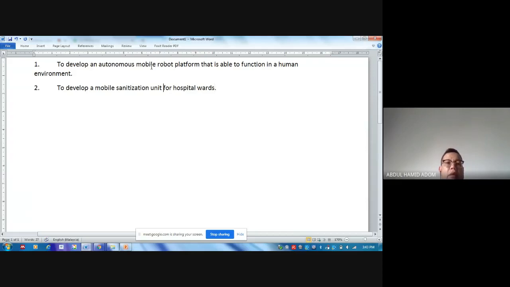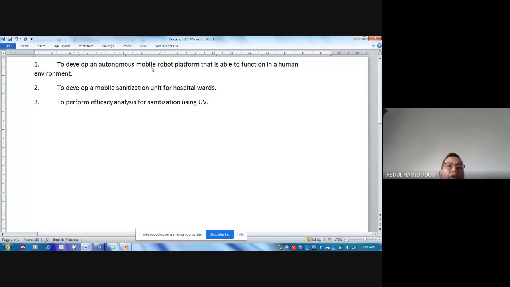Then you can use SWMB3 to perform efficacy analysis for sanitization using UV. So these can be objectives, okay?